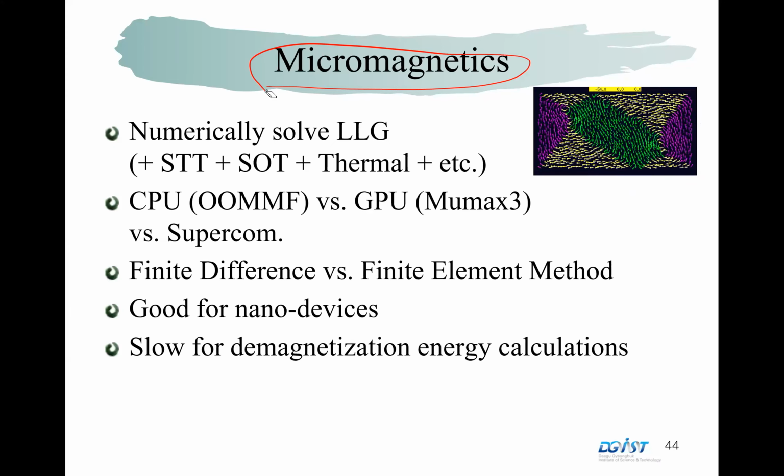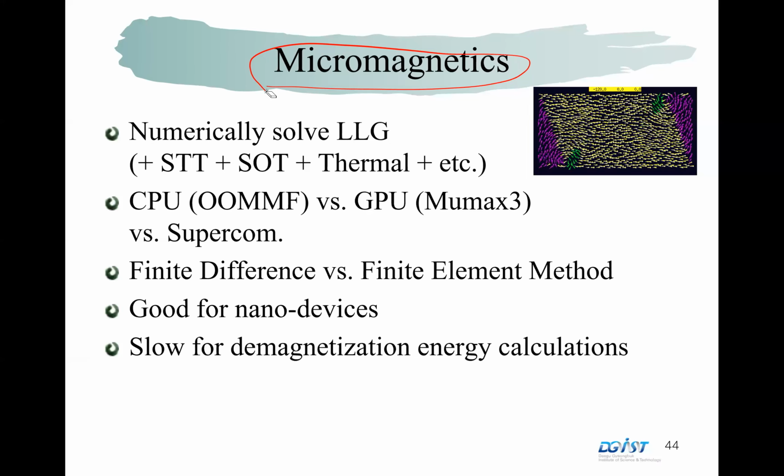A long time ago, micromagnetics was really heavy computing, so only a few theorists were involved in this kind of study. But nowadays, with the help of powerful modern computers, any student can do it, if you choose the proper tools and proper simulator.